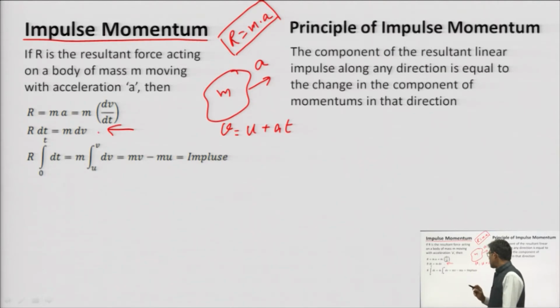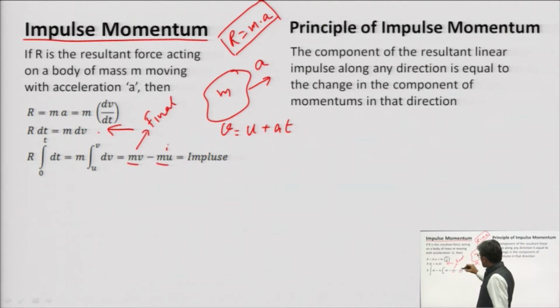So, we will get m into v, where v is the final velocity and u is the initial velocity. So, m v minus m u, where m v is the final momentum and m u is the initial momentum, and the difference is called impulse.